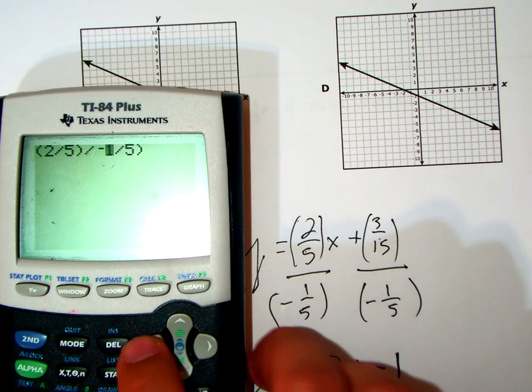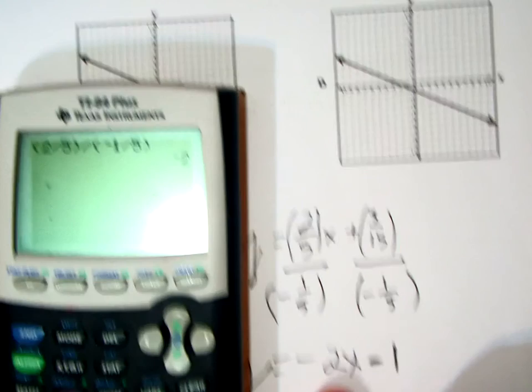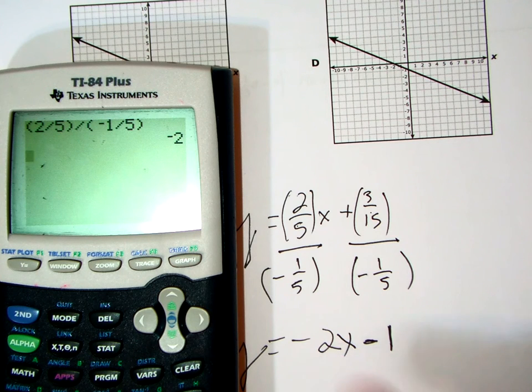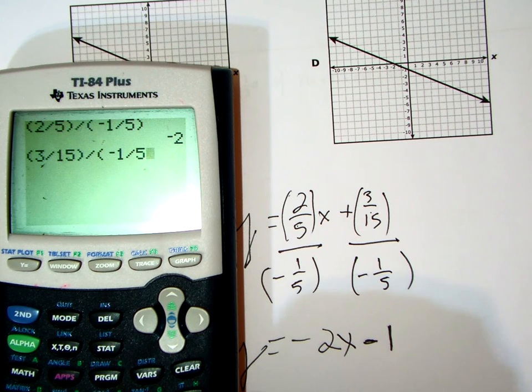Oops, I didn't put parentheses. 1/5 equals negative 2. You see, I put the negative 2 here. And then put 3 divided by 15 divided by a negative 1/5, right?